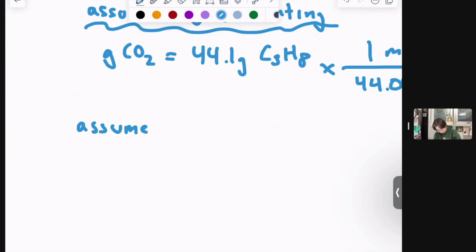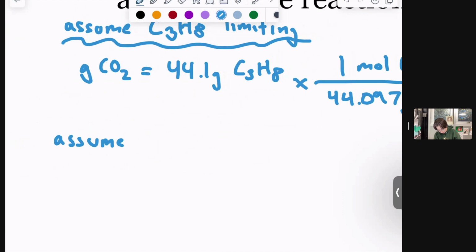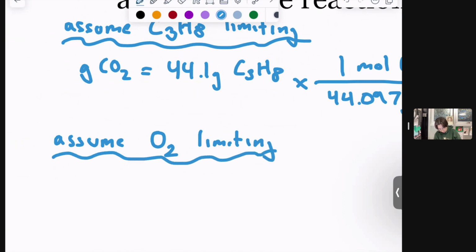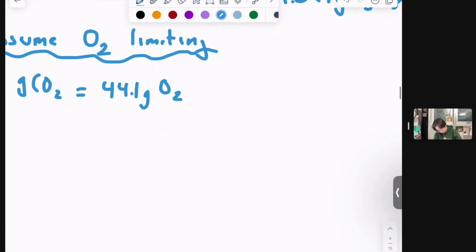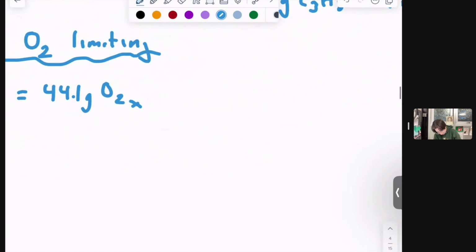But let's take into account how much oxygen we have. We're in this sealed box with only a certain amount of oxygen. Let's see how much we could make if I used up all my oxygen. So again, solving for grams of CO2, starting with my grams of oxygen. Changing to moles so I can make comparisons.